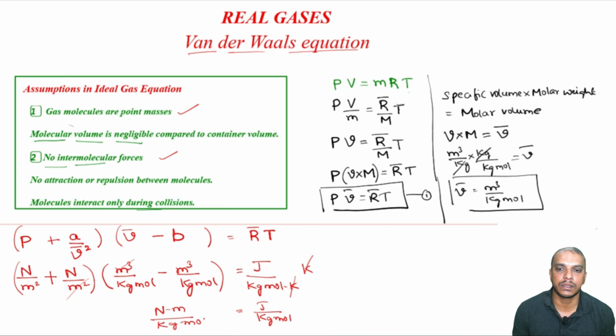Newton meter is nothing but joule. So, units are matched. Now, coming back, this equation we call the real gas equation, or in particular we call this the Van der Waals equation.